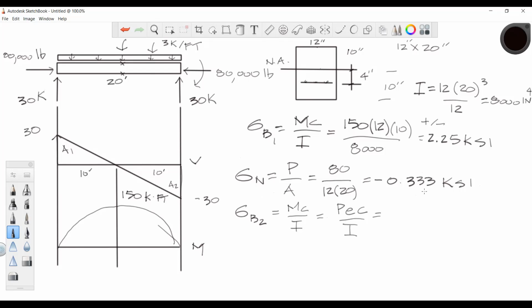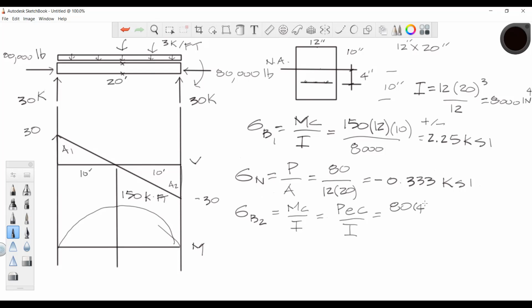It's the 80,000 pounds, which we said was 80 kips, correct? E is the distance above or below the neutral axis. In this case, it's below, by 4 inches.